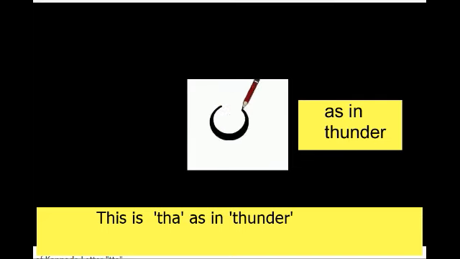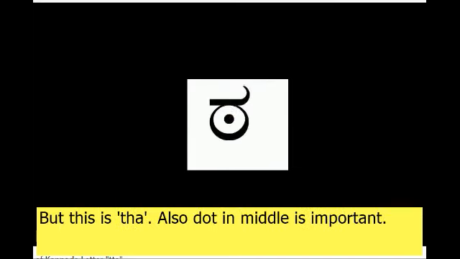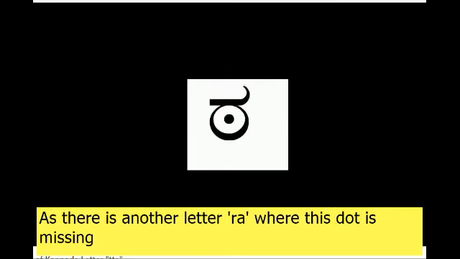Many people speak it as in thumbs up, but this is thunder. Also remember the dot in the middle is very important because there is another letter where this dot is missing.